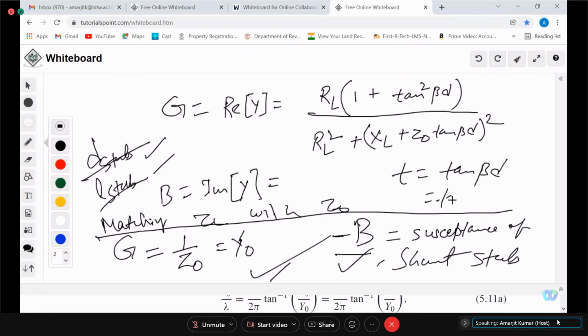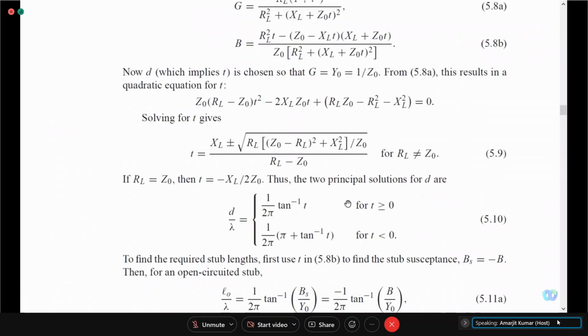So tan of 2 pi by lambda times d. Basically d by lambda will be equal to 1 upon 2 pi tan inverse T. Again, you know this trigonometric inverse rule.